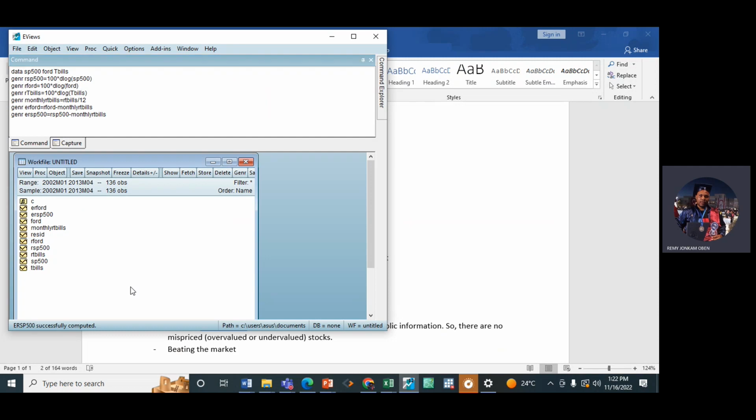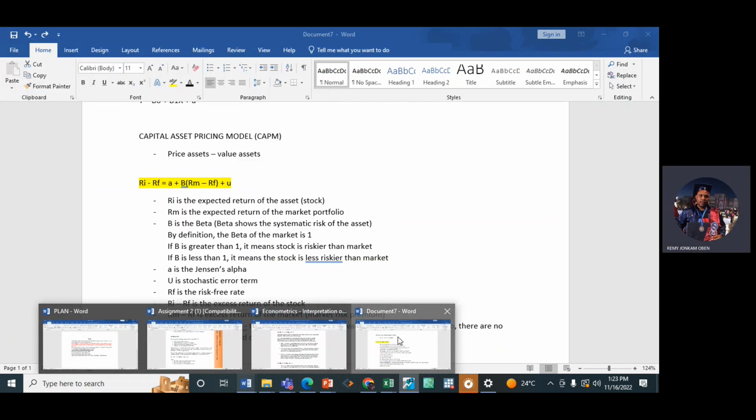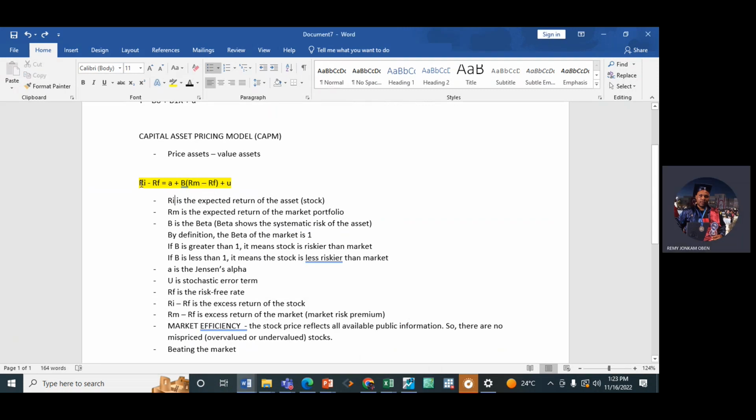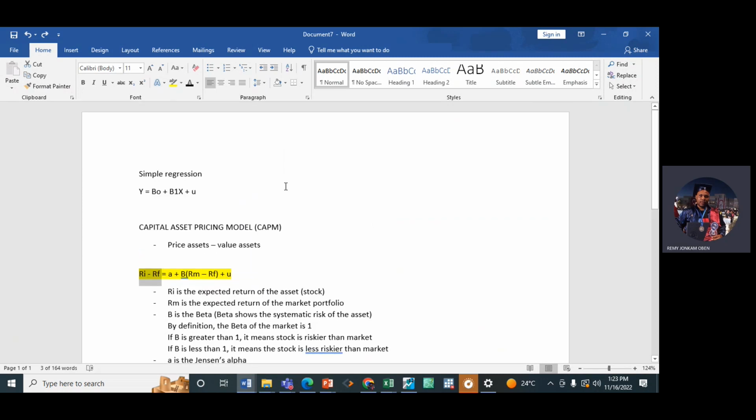Now you see I have gotten my excess return of stock and excess return of market, right? Okay, guys, look, once I've gotten excess return of stock, it is actually our Y. Excess return of market is our X. So I can run the regression, right?